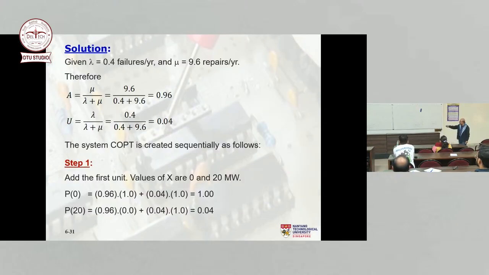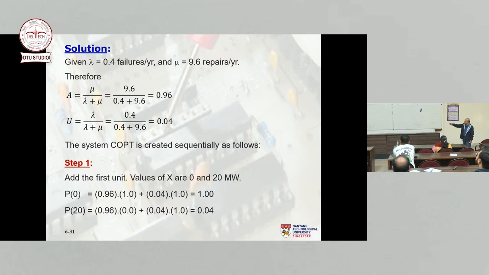So what is the cumulative probability of 0 megawatt or more out of service? You remember the table a short while ago, I told you that the cumulative probability of 0 or more out of service is always 1. You can do the calculation, you will get 1, but you know that it will be 1, correct? Anyway, let's look at the calculation using the equation.